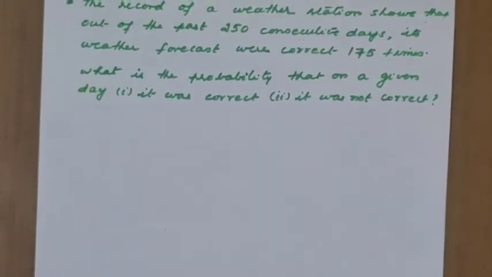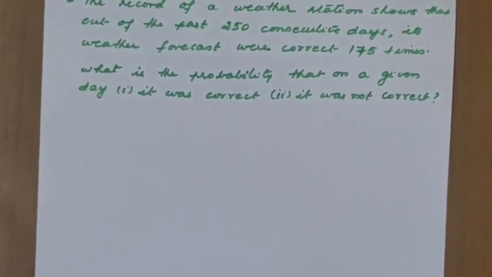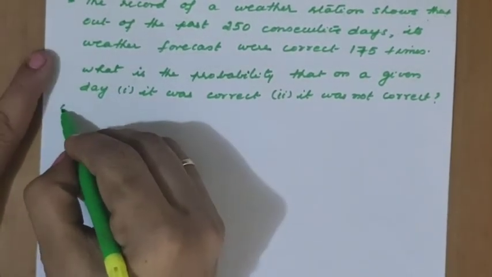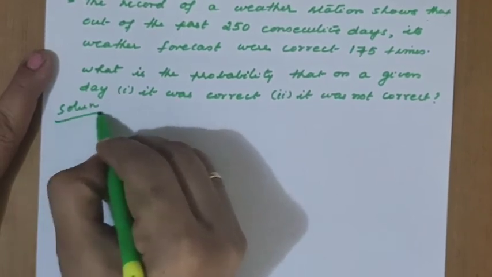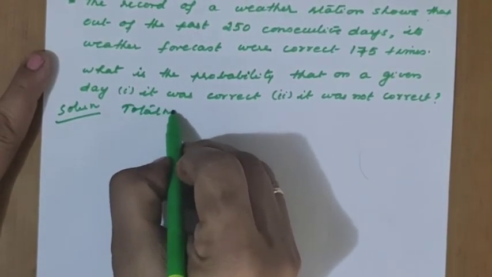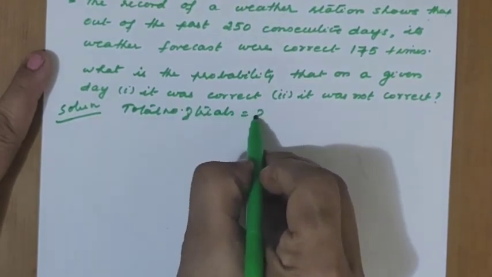The record of a weather station shows that out of the past 250 consecutive days, its weather forecasts were correct for 175 times. What is the probability that on a given day it was correct, or it was not correct? So here the solution starts. Total number of trials equal to 250.